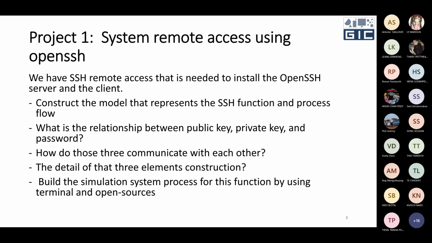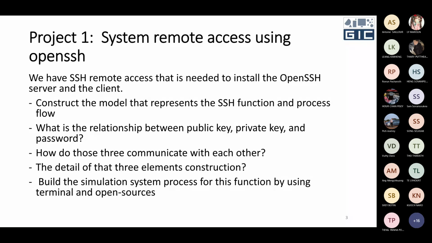So I have 3 projects for all of you at the moment. Antoine just asked me about encryption, so it's something about encryption here. Okay, the first project is about system remote access using OpenSSH. What does SSH stand for? Secure shell.